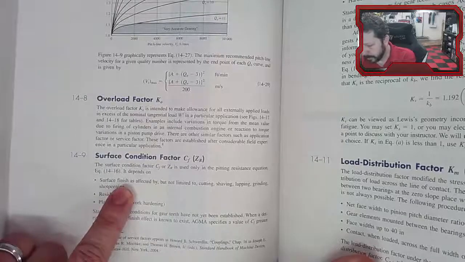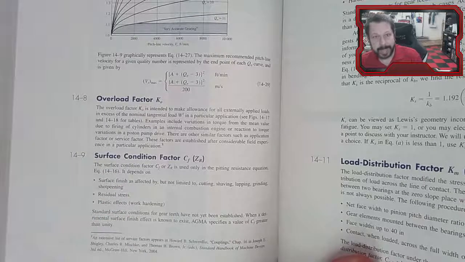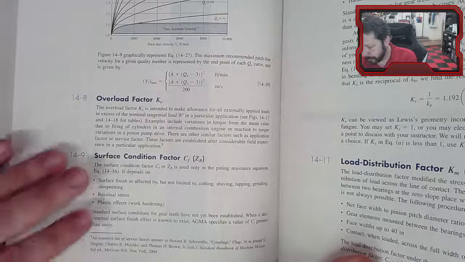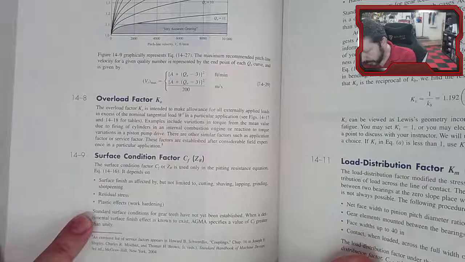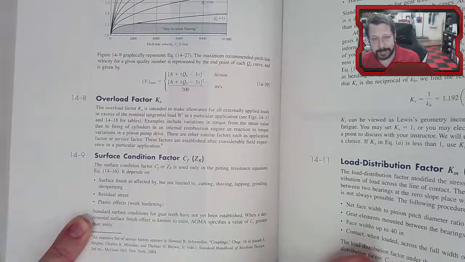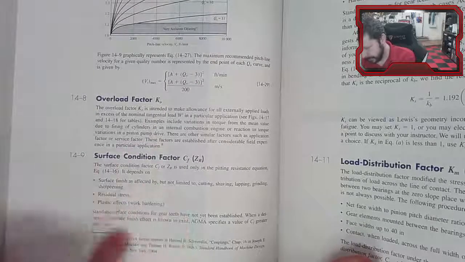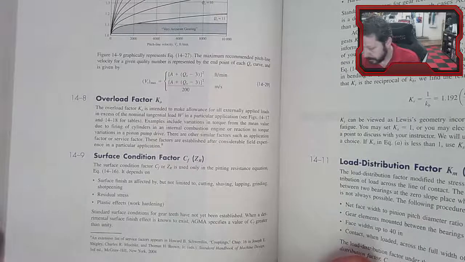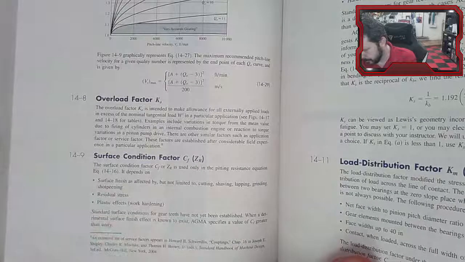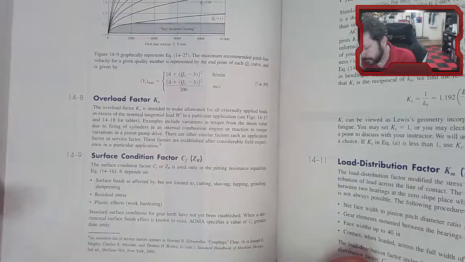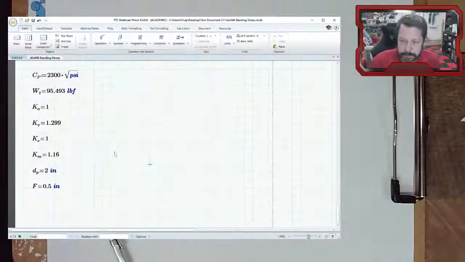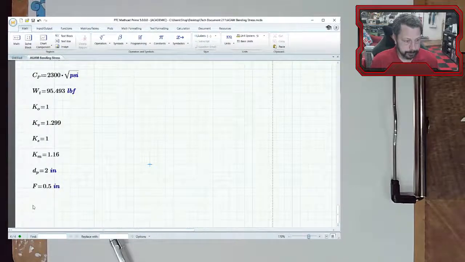So, you know, the surface finish on how the gears are made, a lot of times is what this is talking about. There could be an effect. We're going to just use one. We don't have any in-house data. AGMA, at least as when this book was printed, had no data, or at least nothing that was published. So we're going to put a CF of 1, but you might have a reason at some point to put some other number in there.